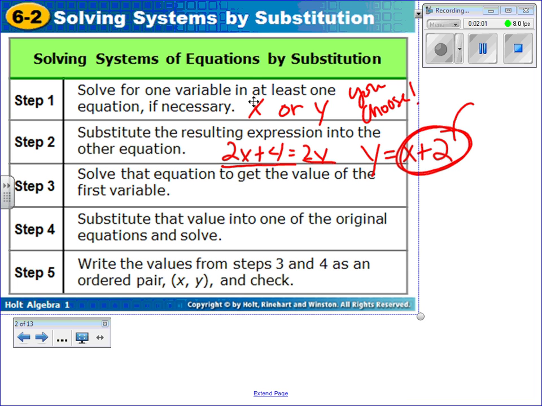Step 3: solve that equation to get the value of the first variable. That's just plugging in. We're going to do some examples of these. Step 4: substitute that value into one of the original equations and solve. We're determining whether or not that substitution will give us an ordered pair that works.